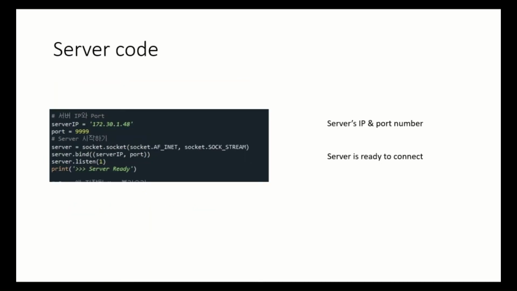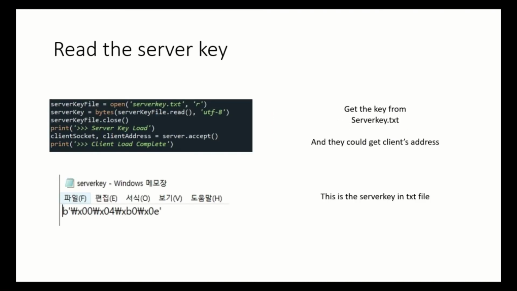This is the server code. In the server code, we write the server IP and port same as the client code. And the server needs to read their key, same as the client, from the serverkey.txt file.